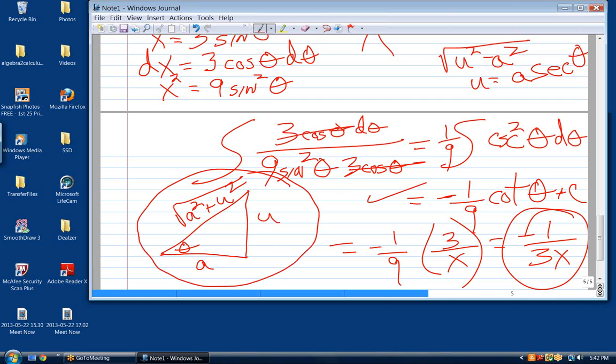Now, notice that if we are dealing with a different format than a squared minus u squared, we wouldn't let u equal to a sine of theta. We would let u equal to, what were the other choices? A tan of theta or a secant of theta. And each of those constructs a different triangle, but one that you can figure out all three dimensions.